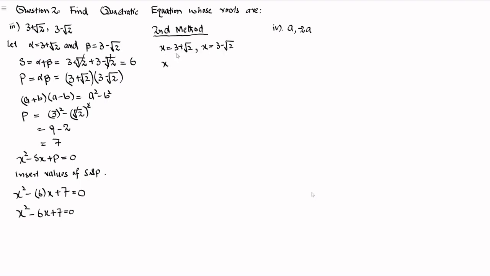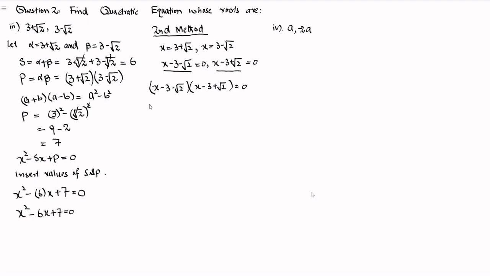Now taking these terms to the left hand side, we have x minus 3 minus under root 2 is equal to 0 and x minus 3 plus under root 2 is equal to 0. These two are the factors of the quadratic equation, so we multiply these two factors, and that will result in a quadratic equation equal to 0.